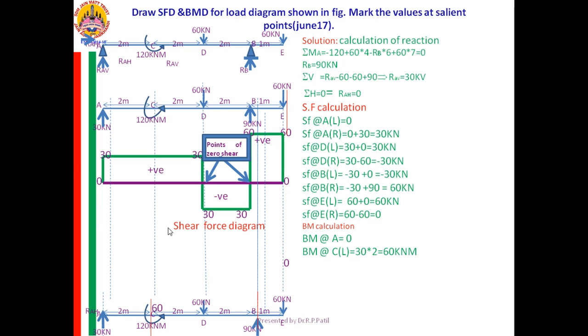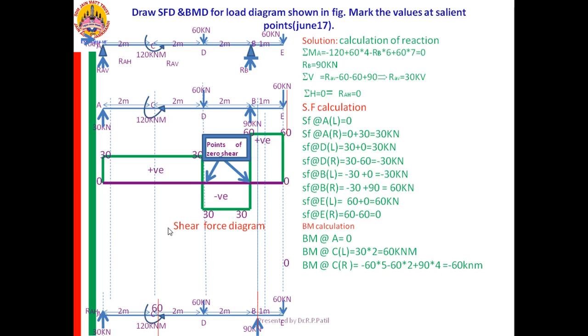If you do it, you will get 60 into 5 minus 60 into 2 plus 90 into 4, and you will get minus 60. In this calculation you won't have any problem.